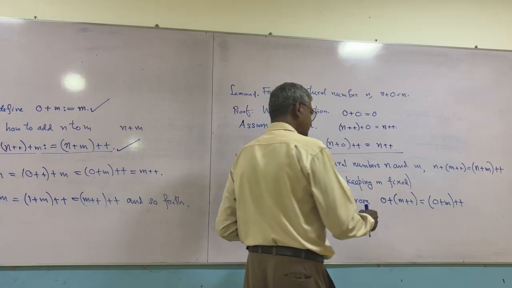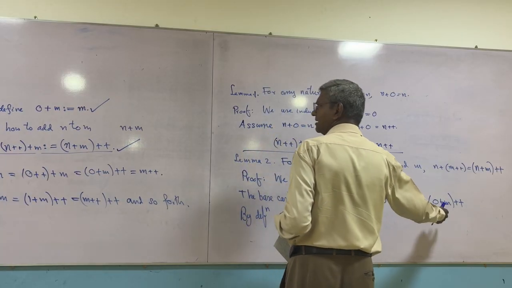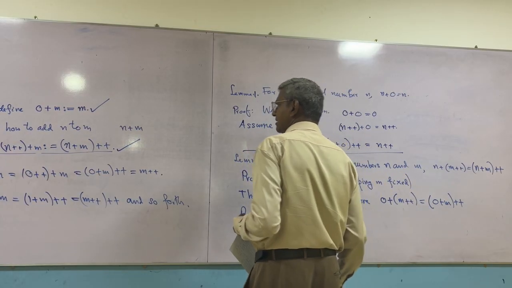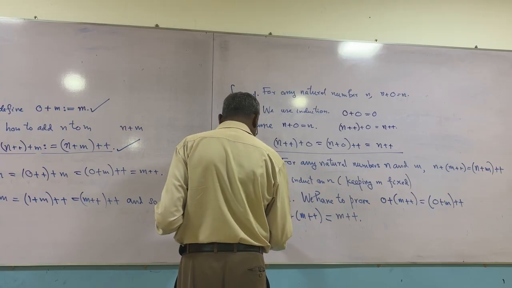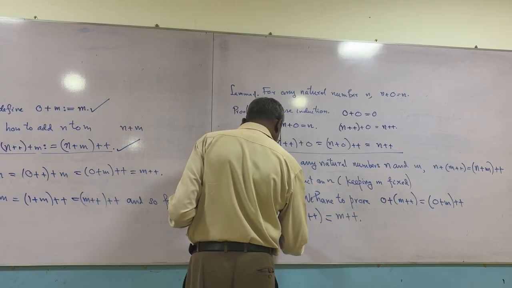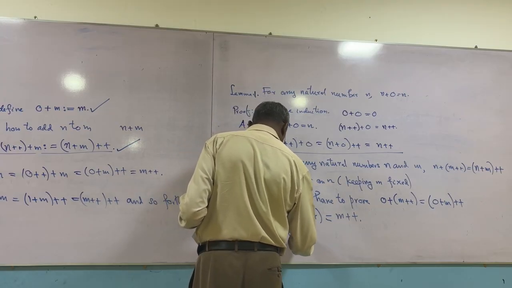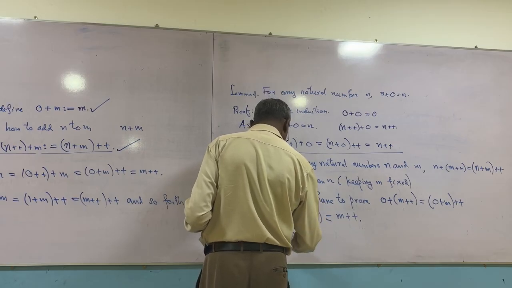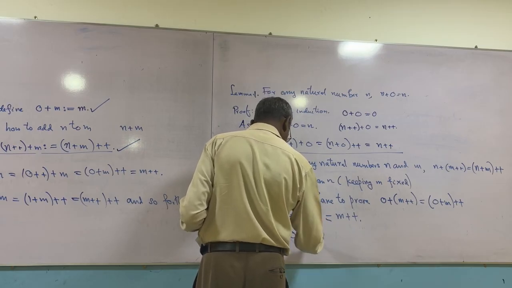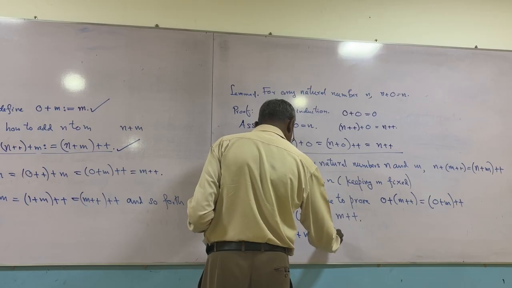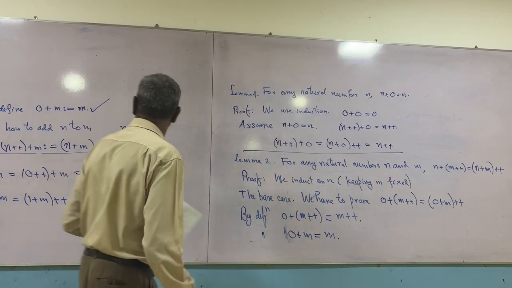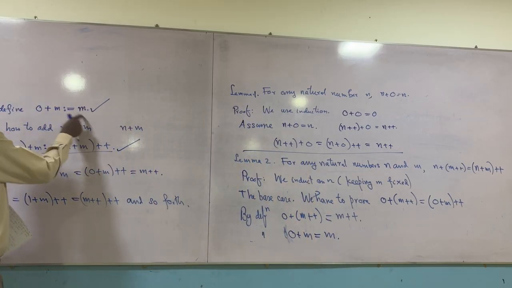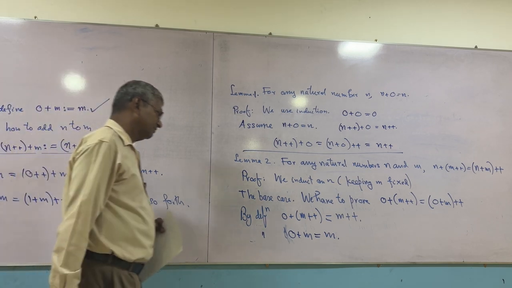And by definition, 0 plus m is equal to m. Here 0 plus m is equal to m.